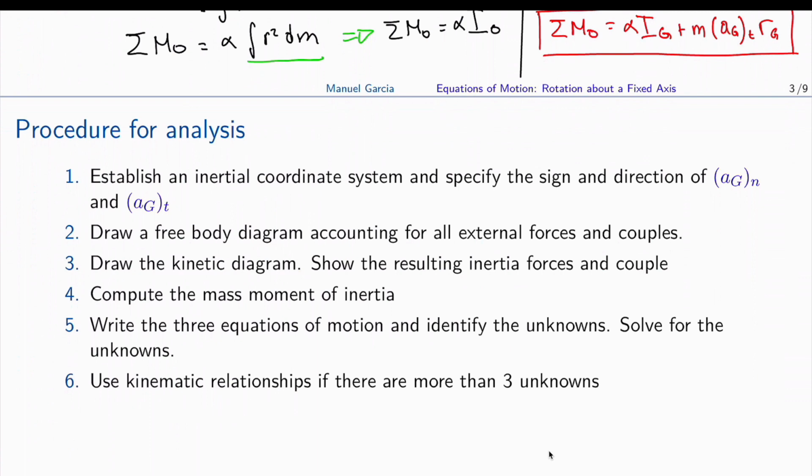We compute the mass moment of inertia, write the three equations of motion, identify the unknowns, and solve the system. If we have more than three unknowns, then we have to use some kinematic relationships to solve our system.